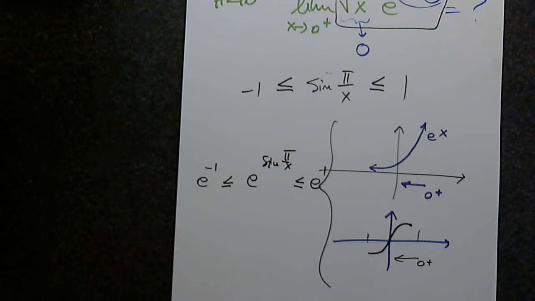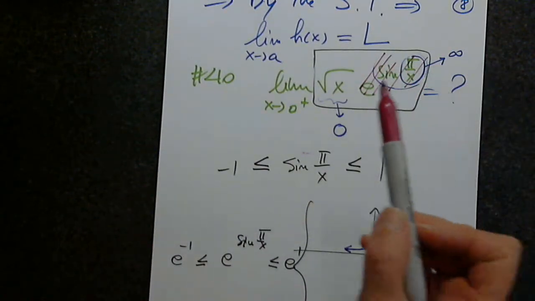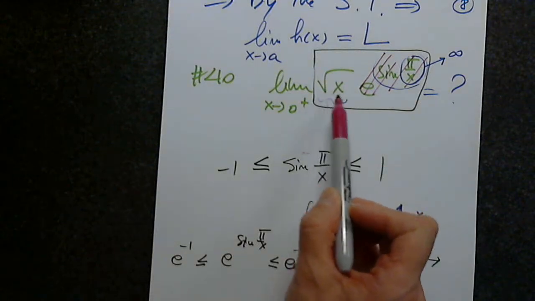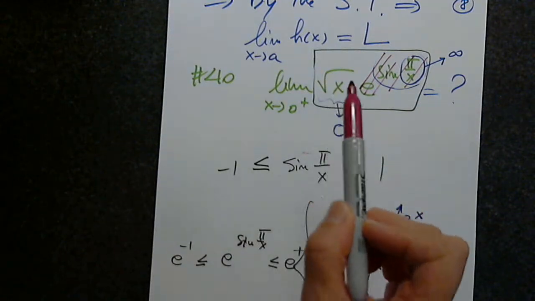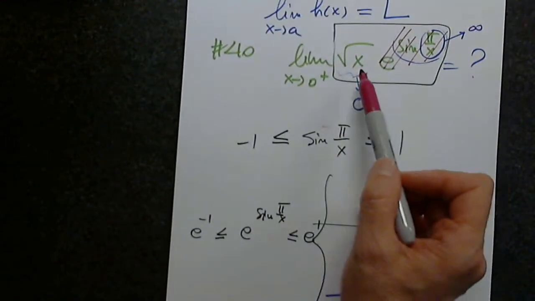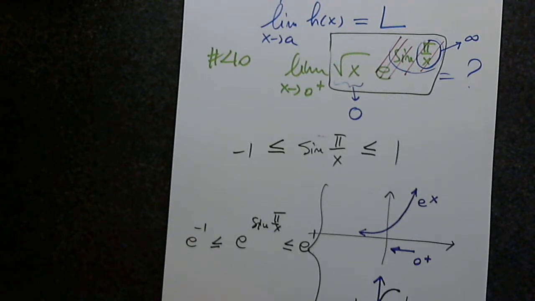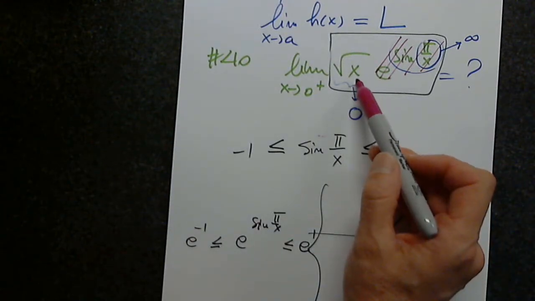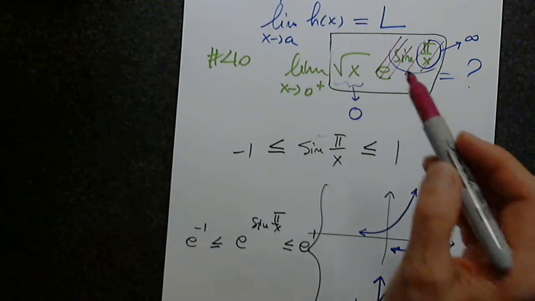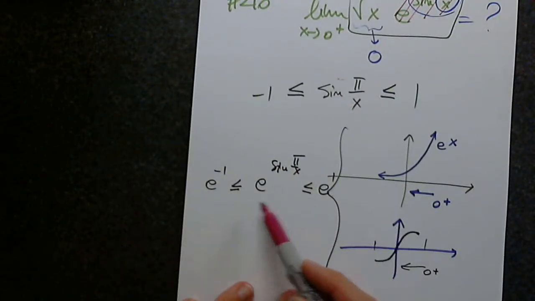Okay, so we came up with this piece, but now I have one more piece to worry about. Now, can I multiply all three sides by the square root of x? The answer is yes, only if the square root of x is never 0, and yes, if the square root of x is positive, I don't switch the symbols.